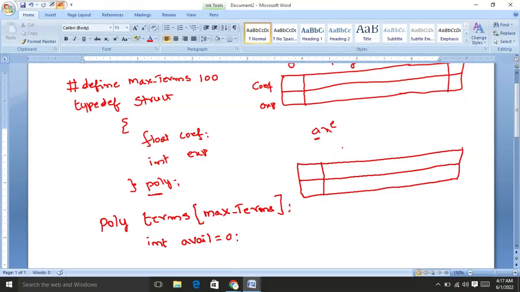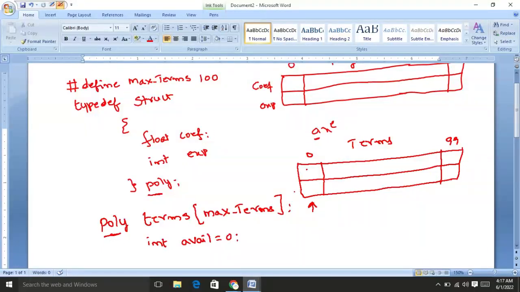So this array name is terms. It is a poly type. Poly has two things. One is the coefficient, another one is the exponent. This is the 0 term and its maximum terms equal to 100. This is the 99 term, and available location always points to the starting location, that is avail equal to 0.